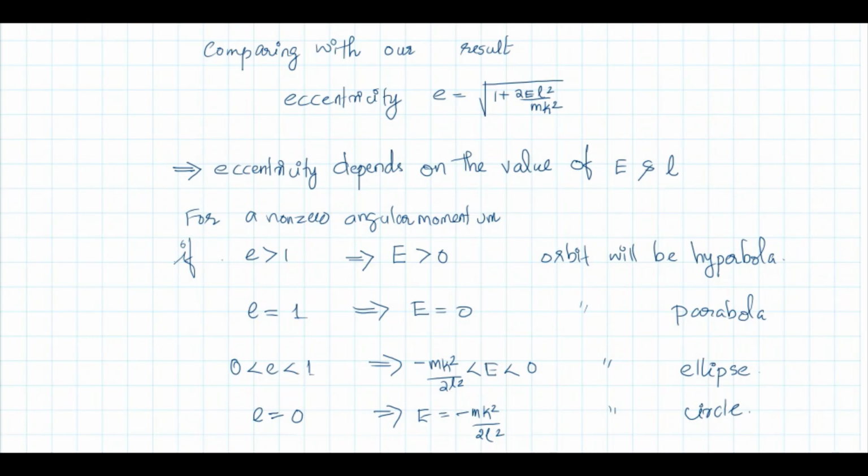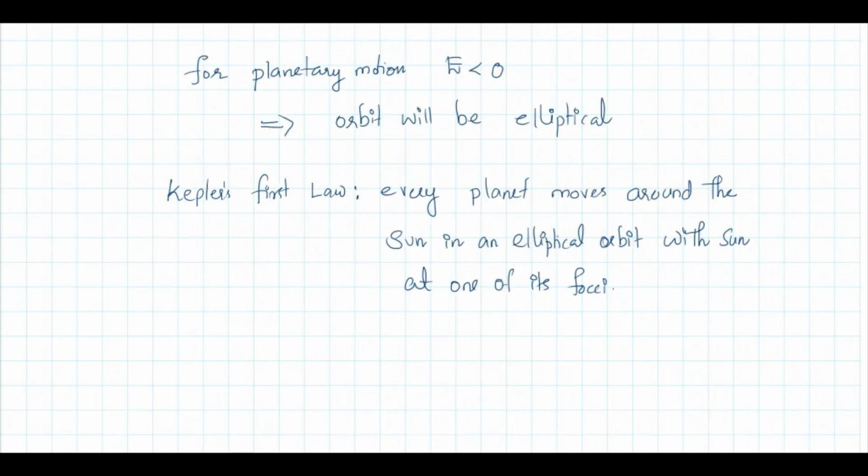For energy less than 0, we proved that it will be a bounded orbit between two distances r1 and r2, and here we quantitatively obtained that it is an ellipse in the case of the Kepler problem. And if the total energy is equal to V effective minimum, we know that it is a circle. Here also we obtained the same result. So these are the various possible orbits in the case of the Kepler problem.